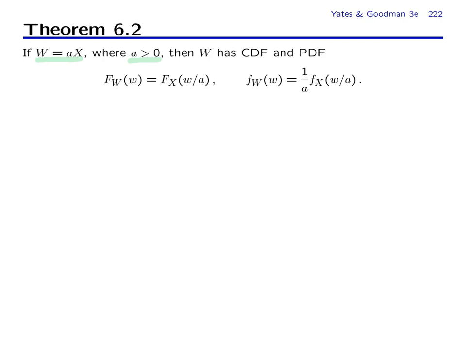The theorem we get is that the CDF of W is the CDF of X at w over a, and the PDF of W is the PDF of X at w over a, but there's this scaling factor 1 over a. The need for this scaling factor is to ensure that the area under the curve of the PDF of W integrates to 1.